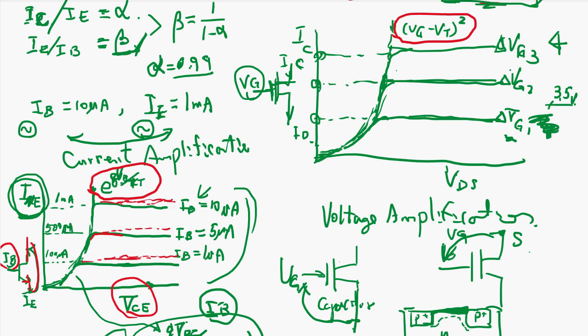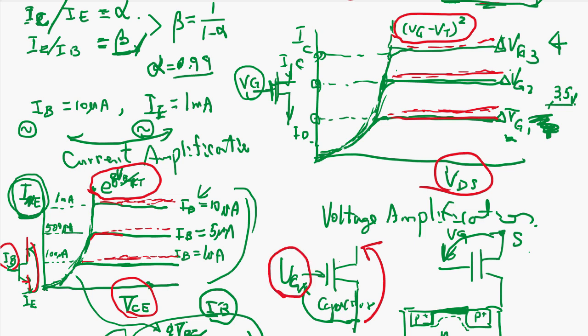There are various physical effects. This increase is a secondary effect of the device, so it's not a perfectly constant current. The current increases when you increase this voltage, even if the VG voltage is the same.